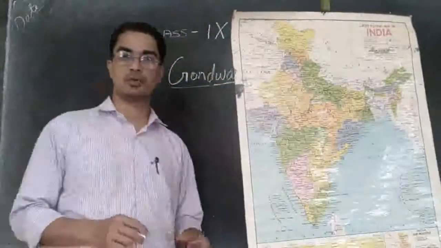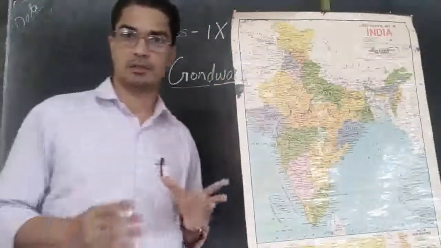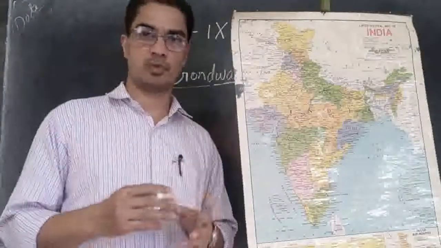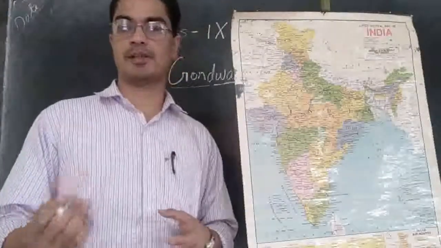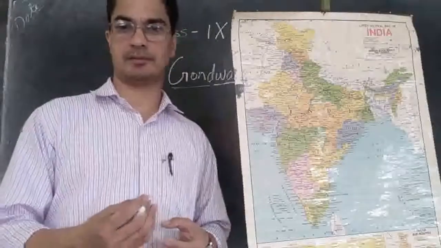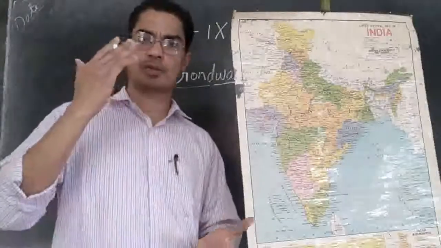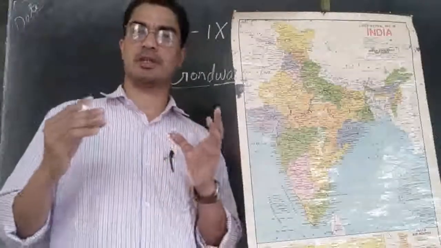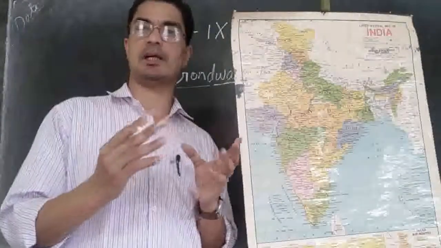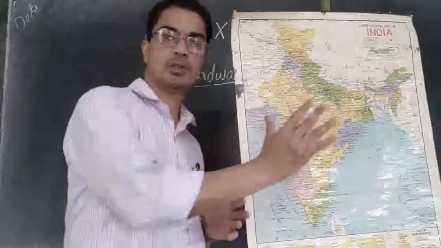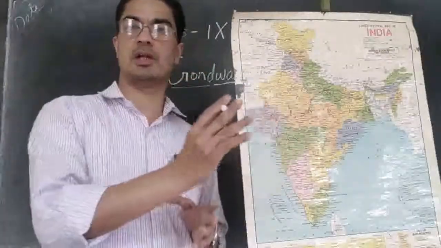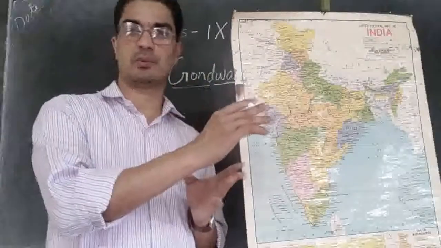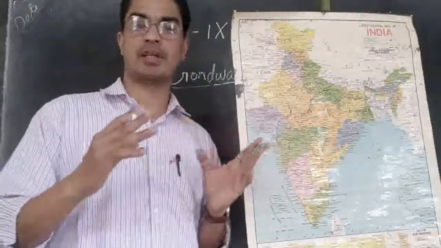So why was this Gondwana land divided into many pieces? It was because of the high pressure under the earth, and it drifted into too many pieces, and the piece that was containing India and Australia moved towards the north, and it went and hit another landmass or plate called Eurasia.